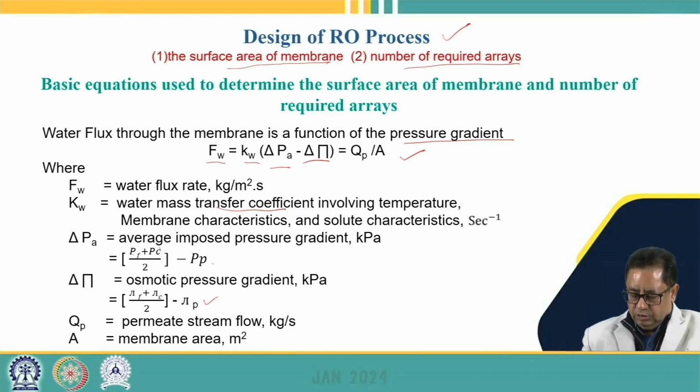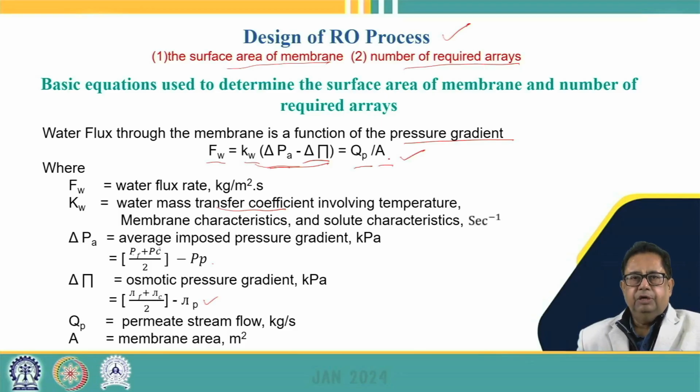This flux can also be defined as the flow of the permeate passing through the membrane divided by the area of the membrane. So this equation gives us the opportunity to calculate the area of the membrane required for a given amount of flux passing through the membrane.